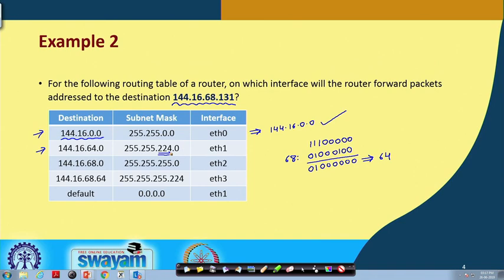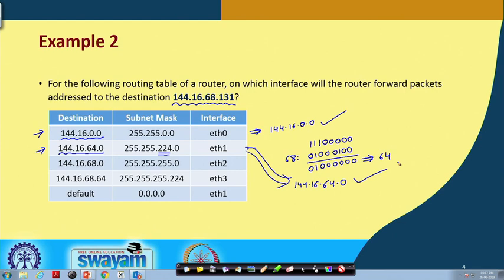So, here also if you do an ANDing, it will become 144, 16, the third one will become 64, the last one will become 0. So, you see the destination address is exactly that. So, here also there is a match. So, there is a match in the first 2 rows.